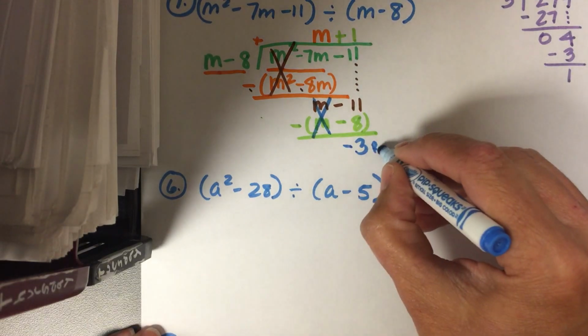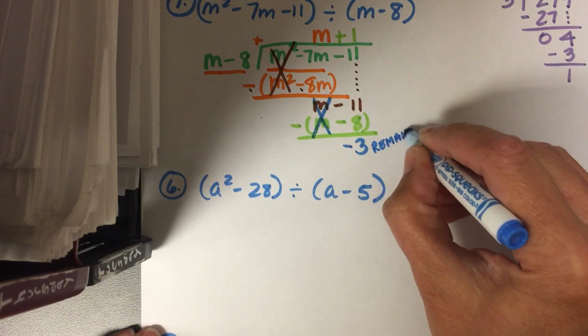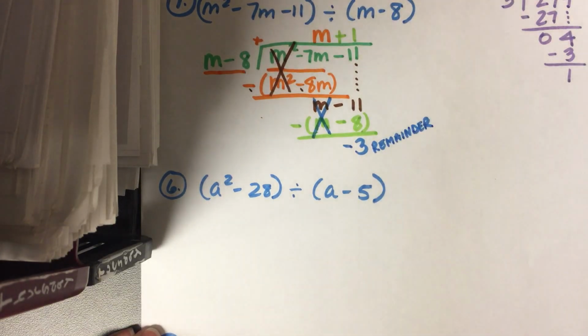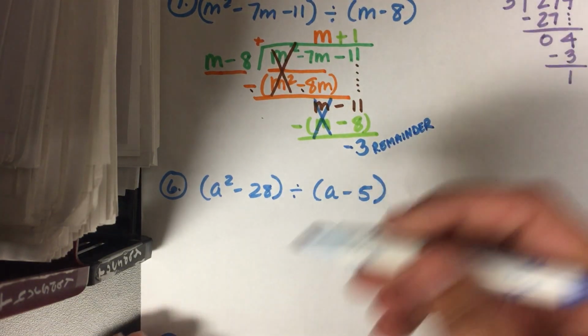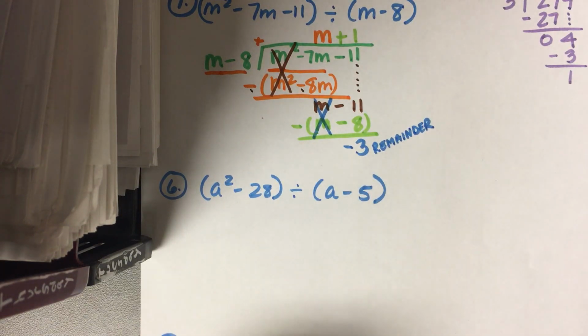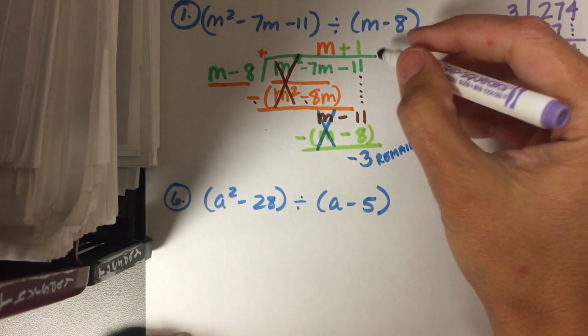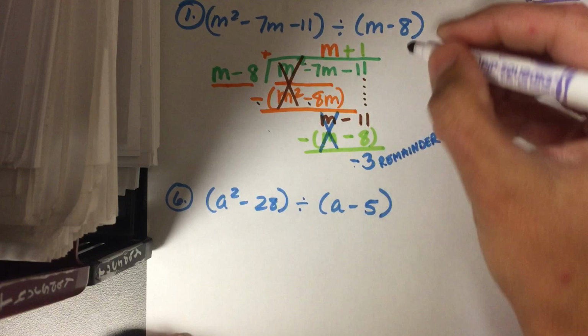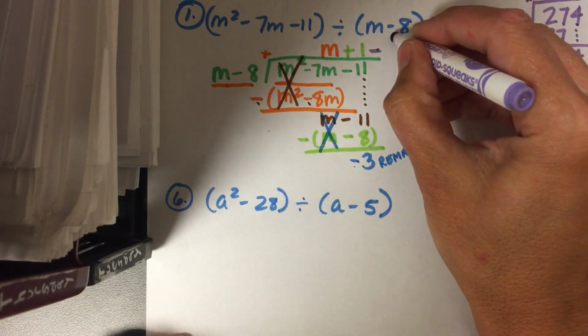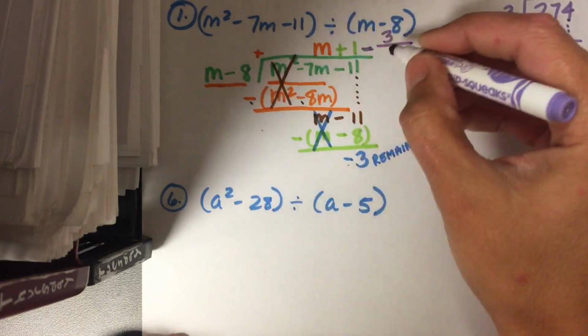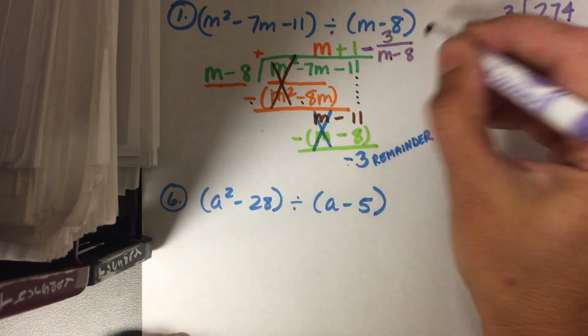Now this is my remainder. I've got negative 3 left over. What I'm going to do with that remainder is bring it up to the top, and it's minus, so minus 3 over m minus 8.